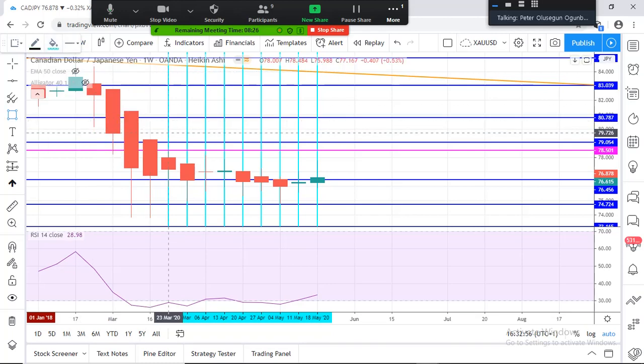Good. So I'm coming on top of here. Just want to draw my zone. Pick my zone, and it's right on top of that level where you had price to.